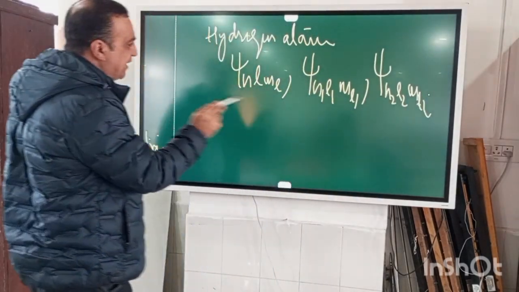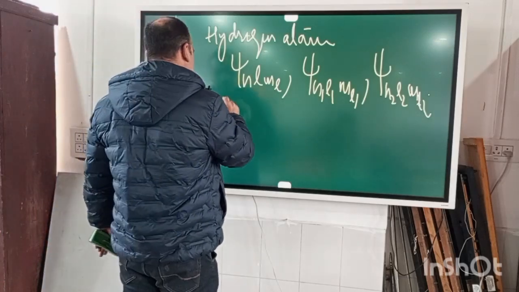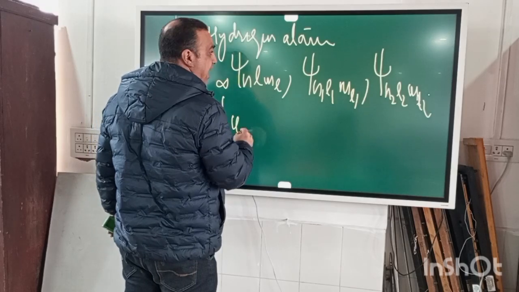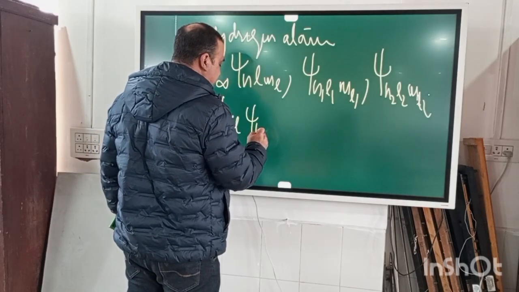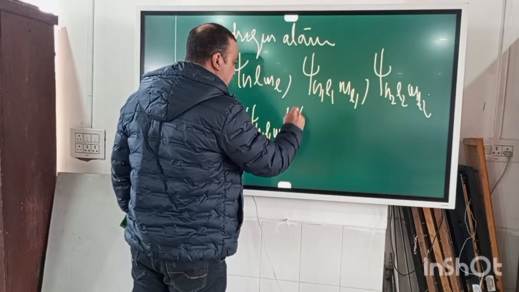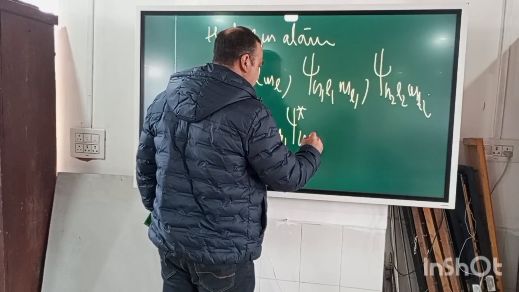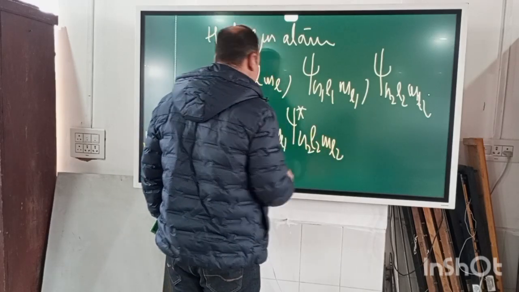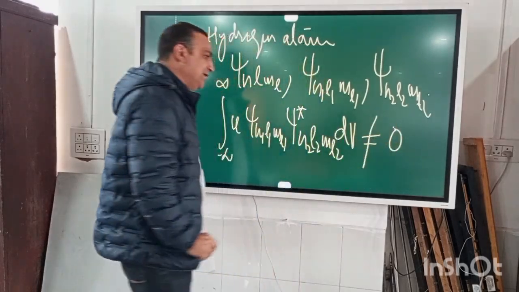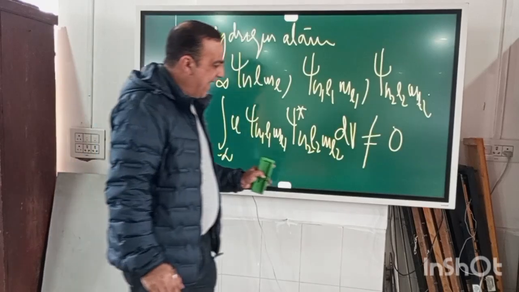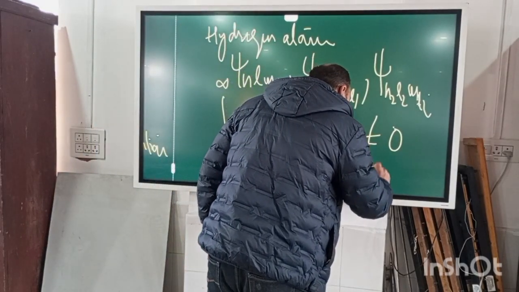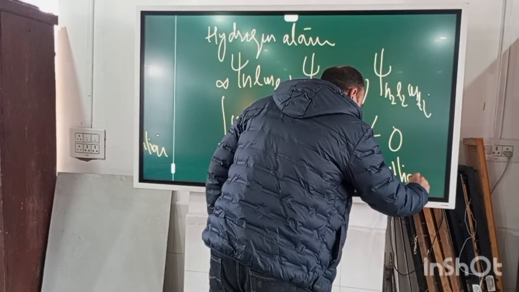And if I calculate the expectation value of this, from minus infinity to plus infinity, say some u and psi n1 l1 m l1 psi star n2 l2 m l2 dv, and if I get a non-zero value of this integral, this will automatically lead to an allowed transition in hydrogen atoms.